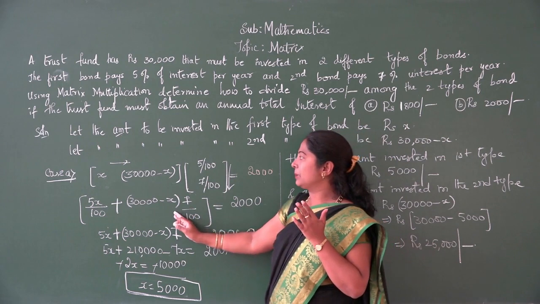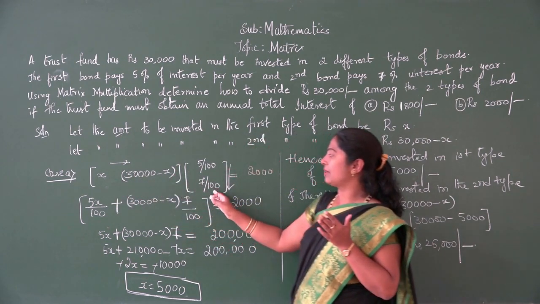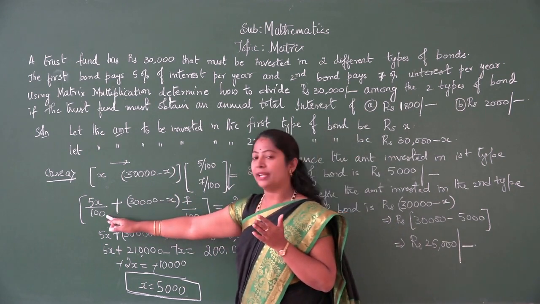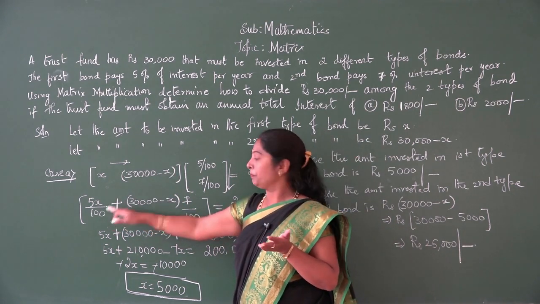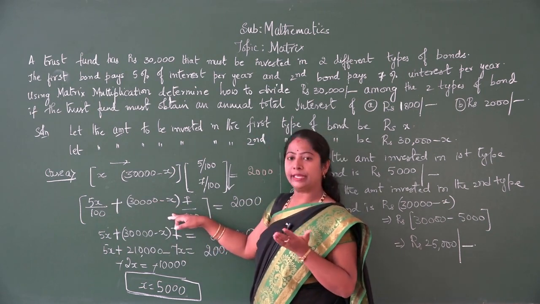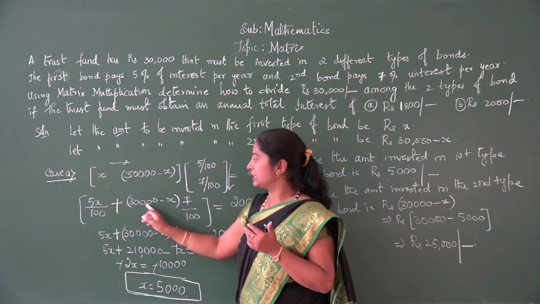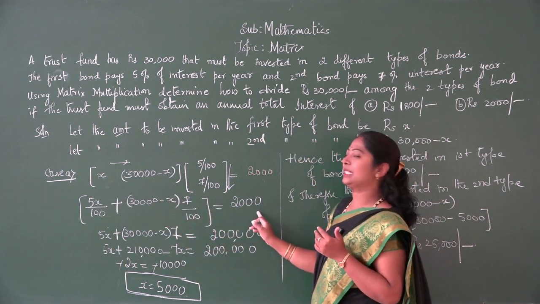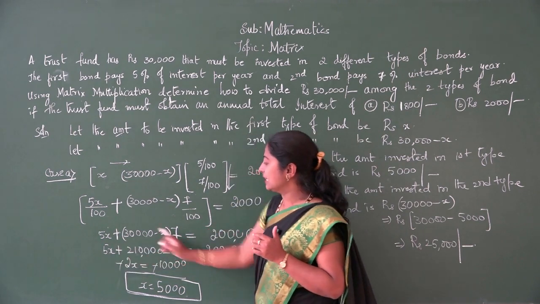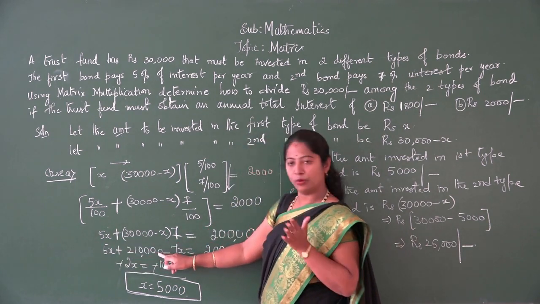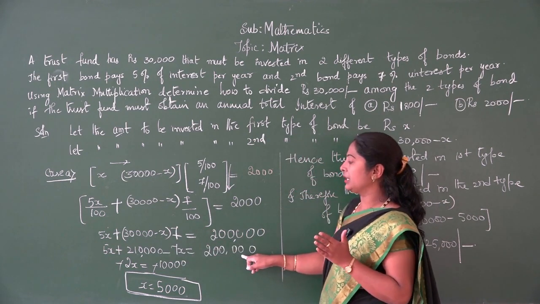By matrix multiplication, we can write 5x plus 30,000 minus x into 7 by 100. 5 divided by 100. When we speak about percent, it is divided by 100. Common denominators, you can take an LCM, cross multiply with the RHS. 5x plus 30,000 minus x into 7 is equal to 2,000 into 100. 5x remains as it is. 7 3s are 21, followed by 4 zeros, minus 7x equal to 200,000.